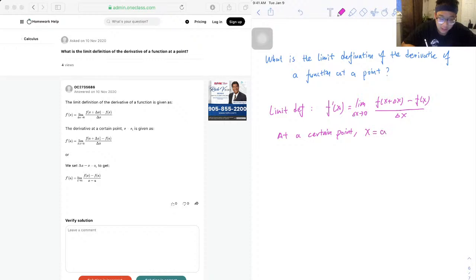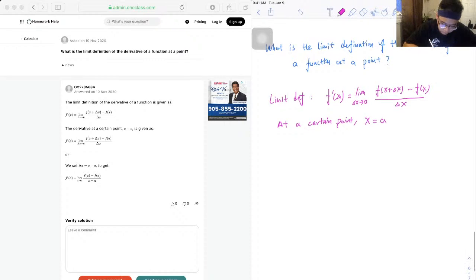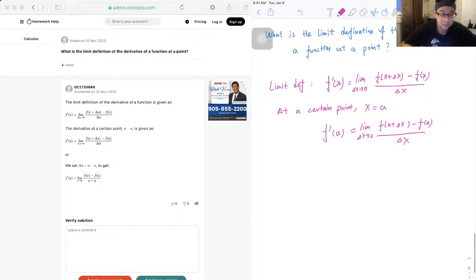x is equal to a, where a is a constant, and we now have the derivative of f at a is equal to the limit, still as delta x approaches 0, of f(a plus delta x) minus f(a) over delta x.